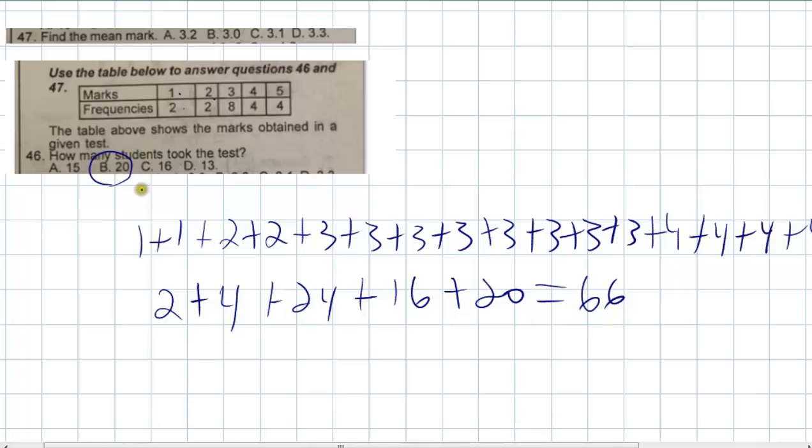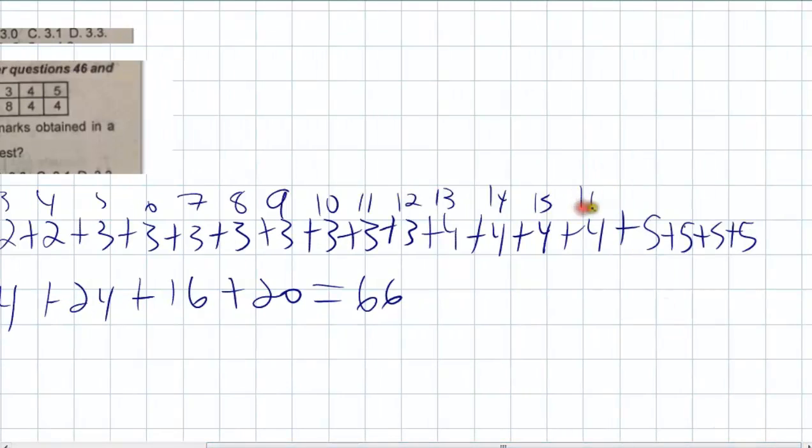So I'll go ahead and demonstrate. This is 1, 2, 3, 4, 5, 6, 7, 8, 9, 10, 11, 12, 13, 14, 15, 16, 17, 18, 19, and 20. So there's 20 total marks.